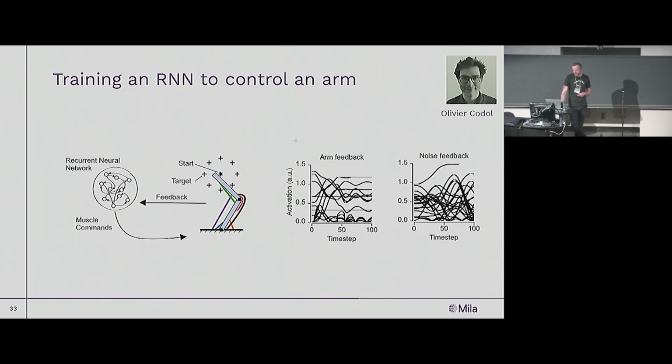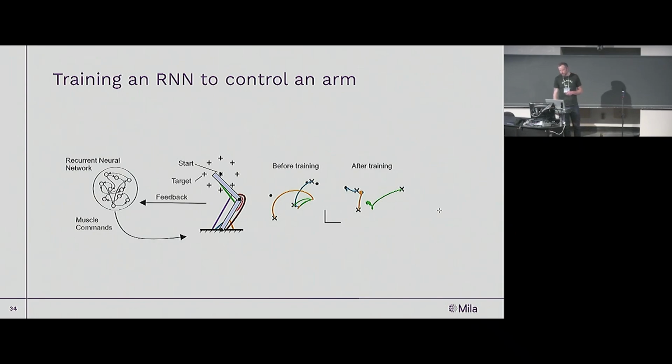And so lastly, and this ties into Matt's talk, we also explored, with the help of Olivier, training a recurrent neural network to control a simulated arm. So we have these actuators and the arm has to hit various targets. But we modified the task slightly in that in addition to the proprioceptive feedback that the network is receiving about the arm's positions, we added a bunch of noise signals into the system. So this makes it a harder task because now there's all this additional noise that the network must learn to ignore in order to successfully perform the reaches.